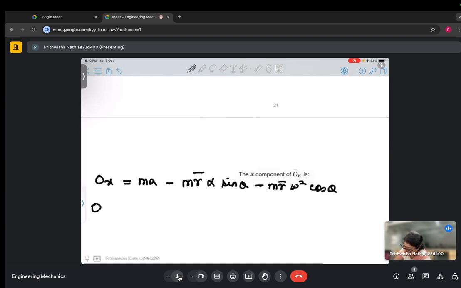So OX is, I'll just substitute these values.